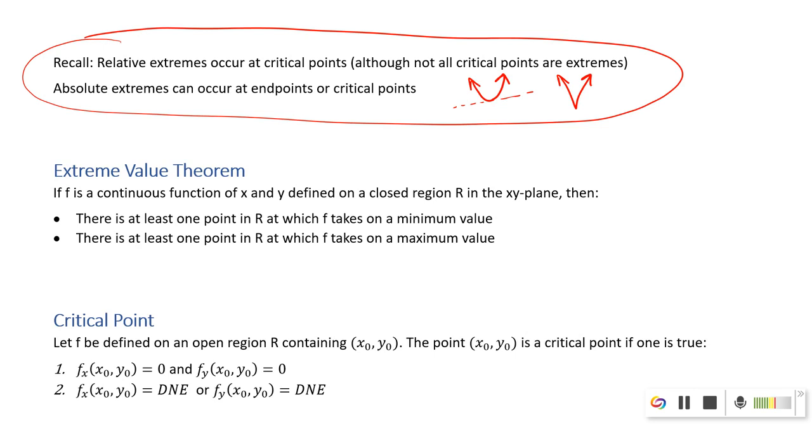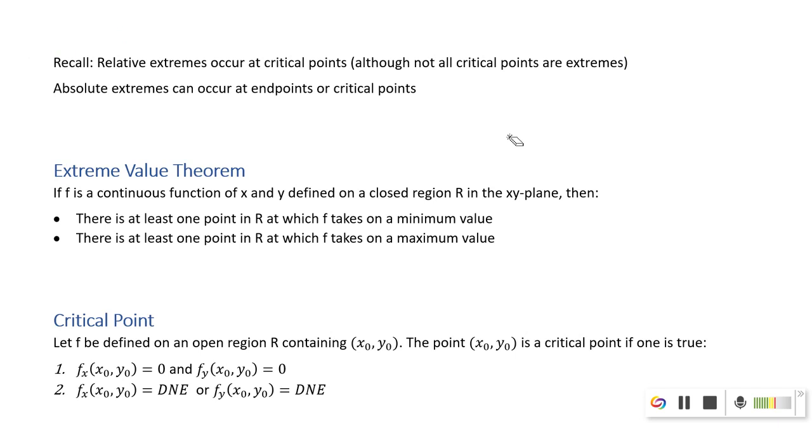And then you might have also learned that absolute or global extremes can occur at critical points, or they can occur at endpoints. So if you have a function on a closed interval, you might have your max or your min actually at an endpoint.